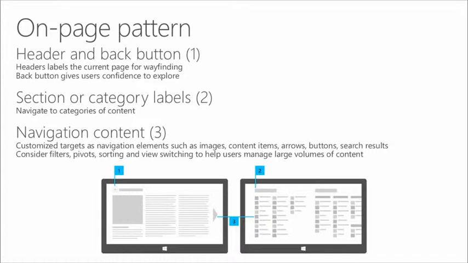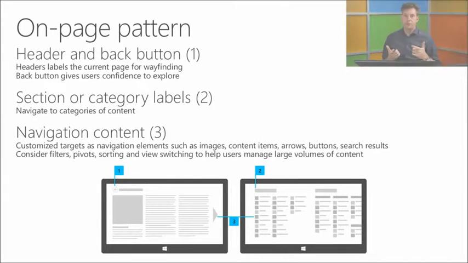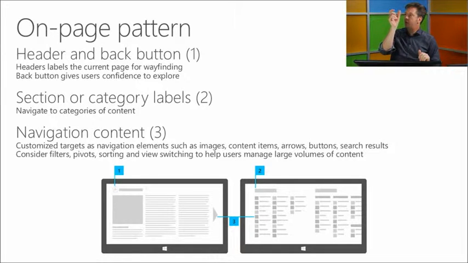Another part is having a section or a category label. We saw that, for instance, in the weather app, where there was this maps section header, or in the sports app, where there was the top stories section, and you can tap on it and go to the top stories. That's also part of the on-page pattern, a very easy way for users to see what they can do and navigate through the app.